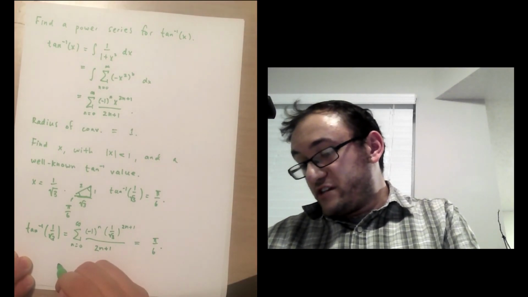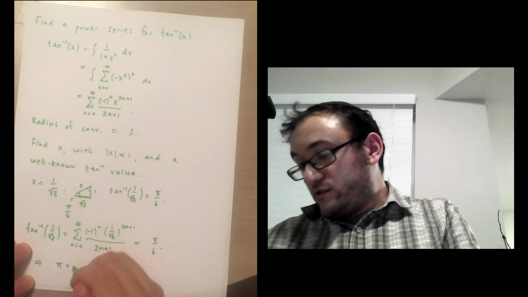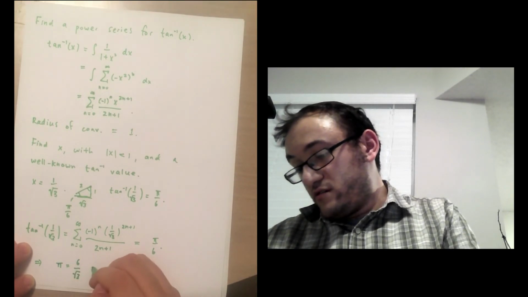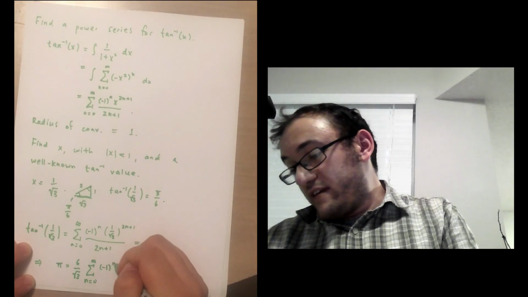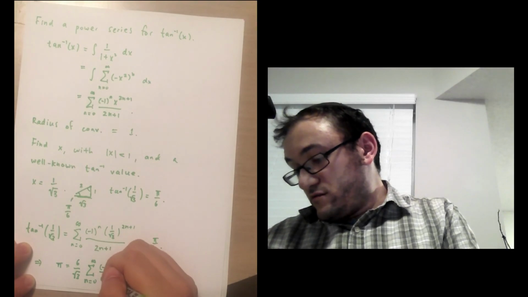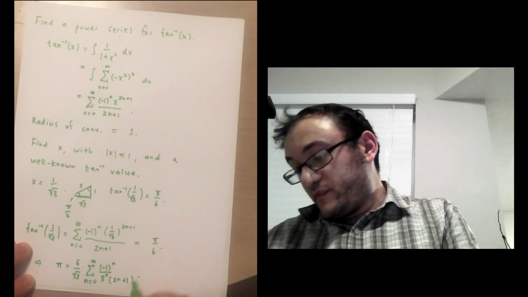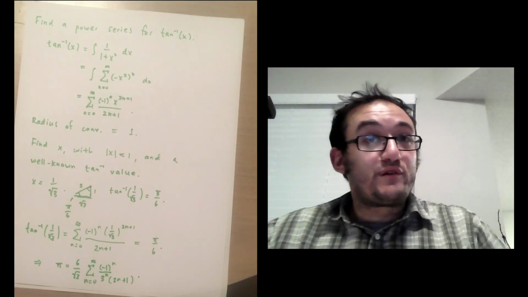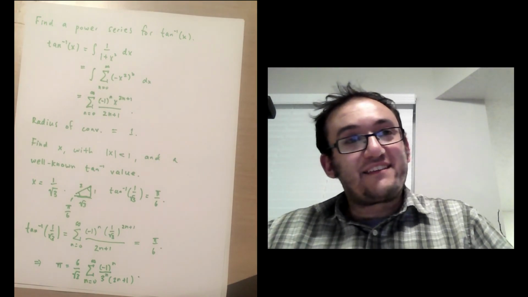Okay, simplifying this expression and multiplying both sides by 6, I'll get pi is equal to 6 divided by the square root of 3 times the sum from n equals 0 to infinity of (minus 1 to the n) divided by (3 to the n times 2n plus 1), which I think is a really fun identity, and it comes out of relatively simple power series computations. Okay, I think that's it. Thanks very much.